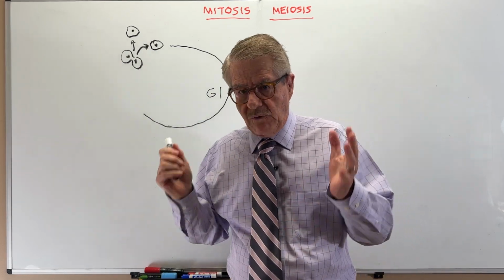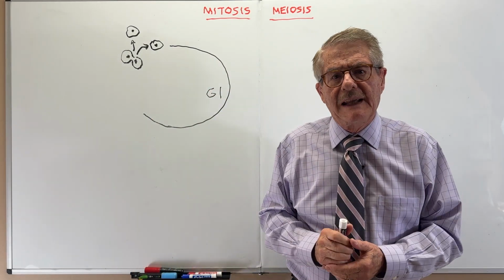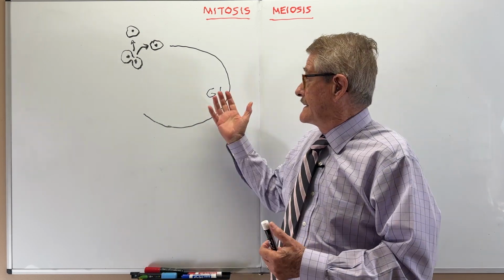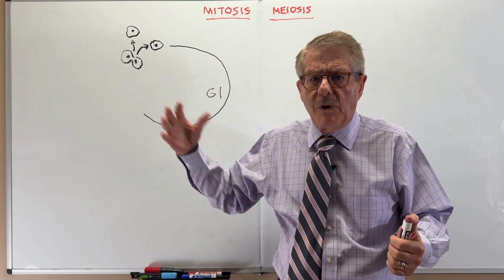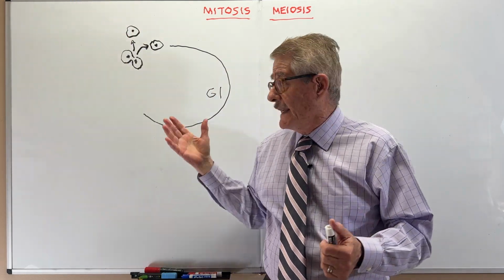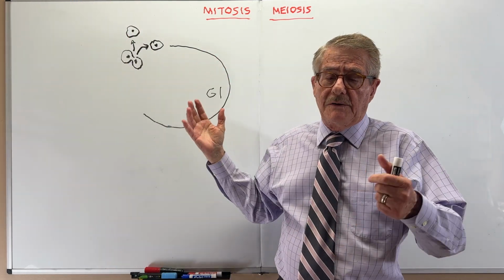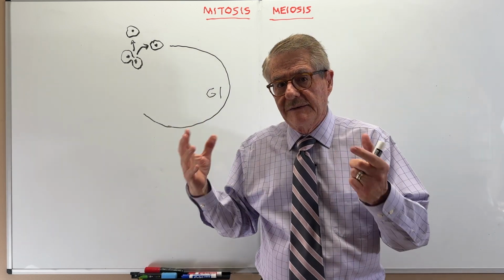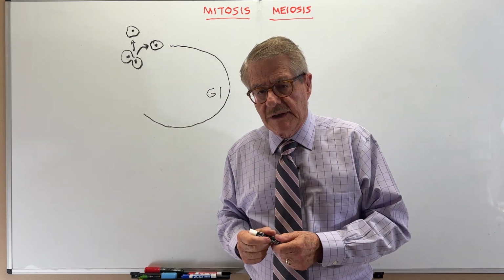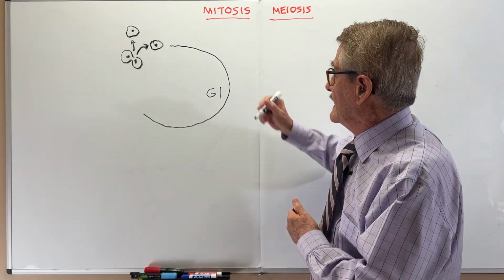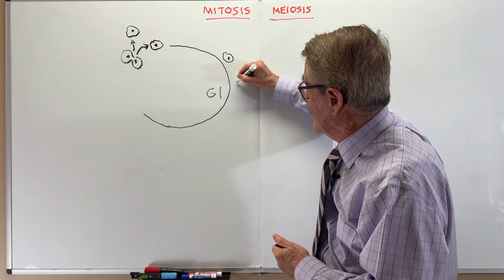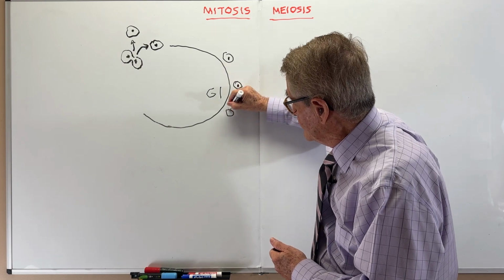Well, if you look at the microscope, just about any organ, the cells are going to be doing their business. They are not multiplying like rabbits. They are working, and they need to work to make our body function. So in the G1 phase, the cells are simply working.